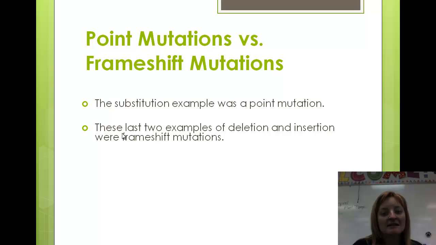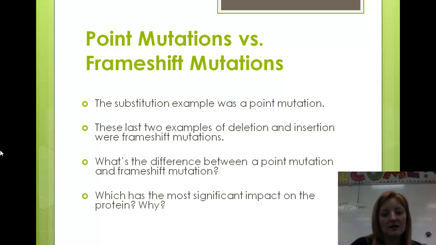And the last two examples, deletion and insertion, where it made the rest of the amino acid chain incorrect or the DNA not make sense, those are considered frame shift mutations. So if you only affect one thing, that's called a point mutation, and if you affect more than one codon, then it's a frame shift mutation.